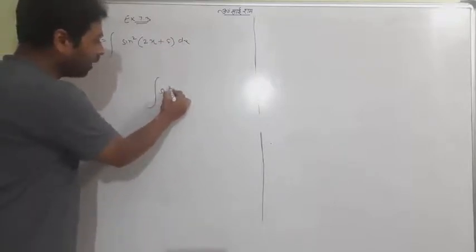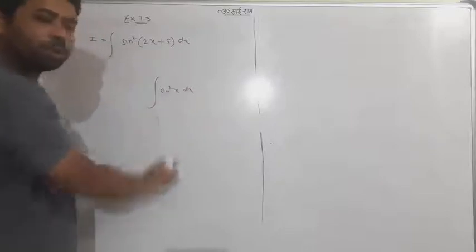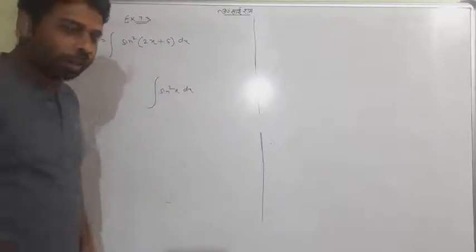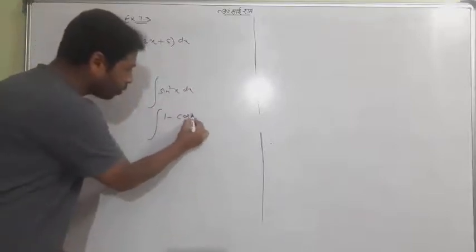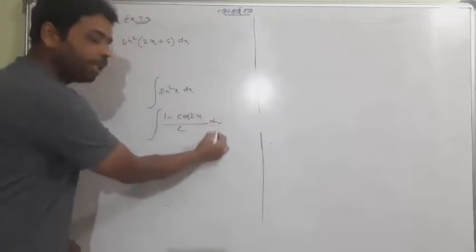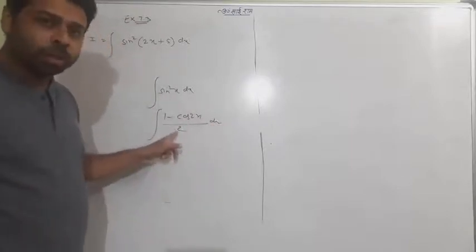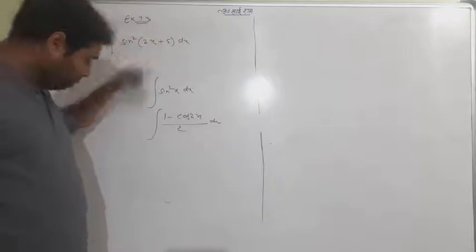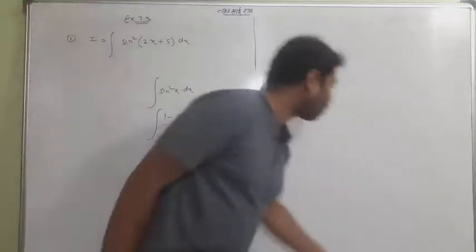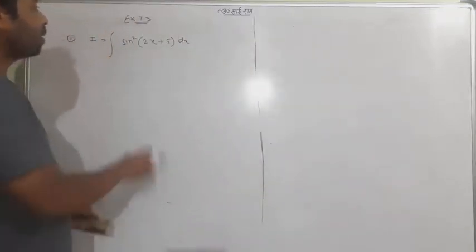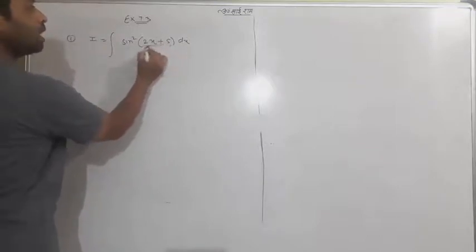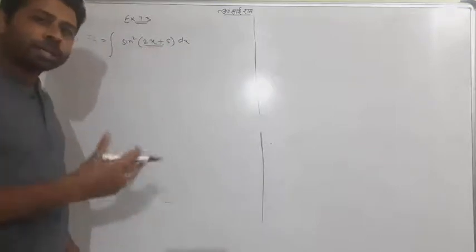You have to convert sine square x in multiple angle formula, like 1 minus cos 2x by 2, and then do the integration. This was a formula. So you can also change to this, but it seems a bit tough when the angle comes in some linear way. This seems tough. So students get confused about that.